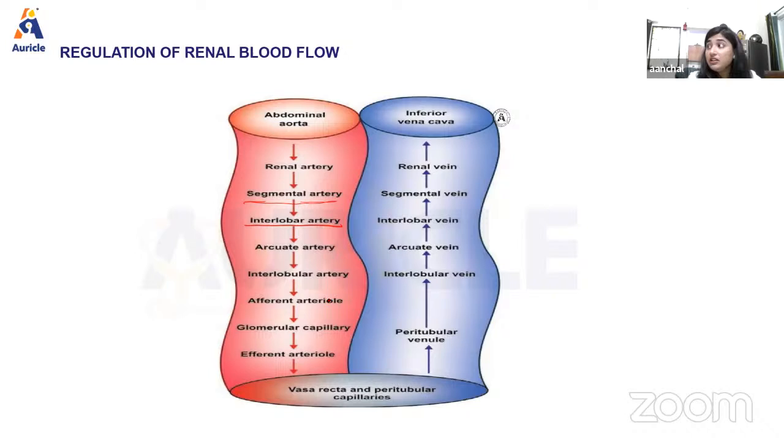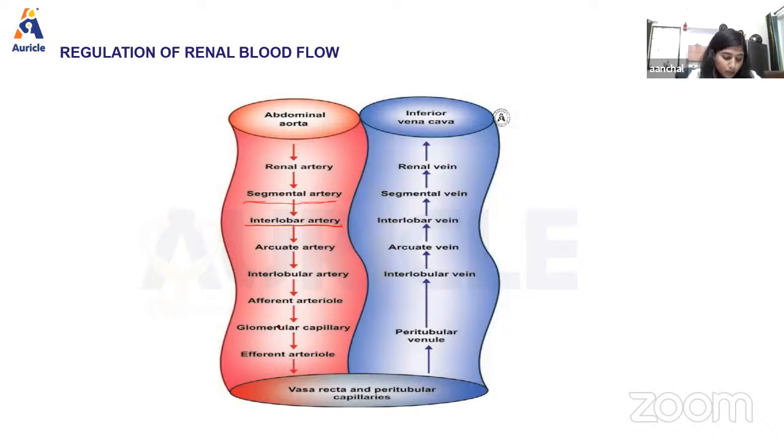And as we have seen in the structure of nephron also, this afferent arteriole is responsible for the blood supply of each nephron, right?